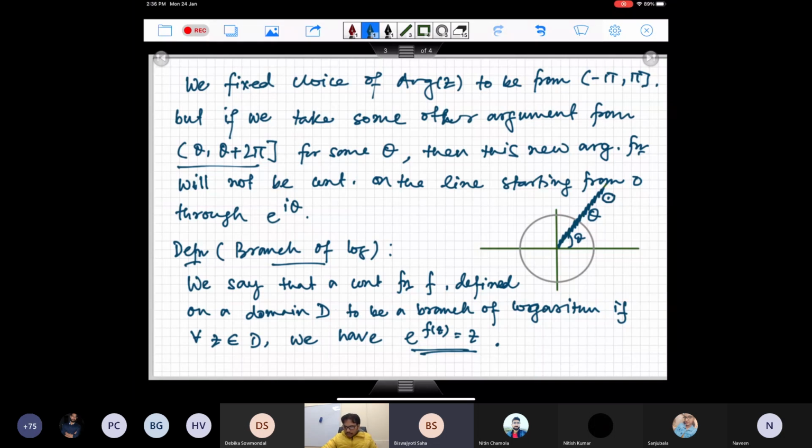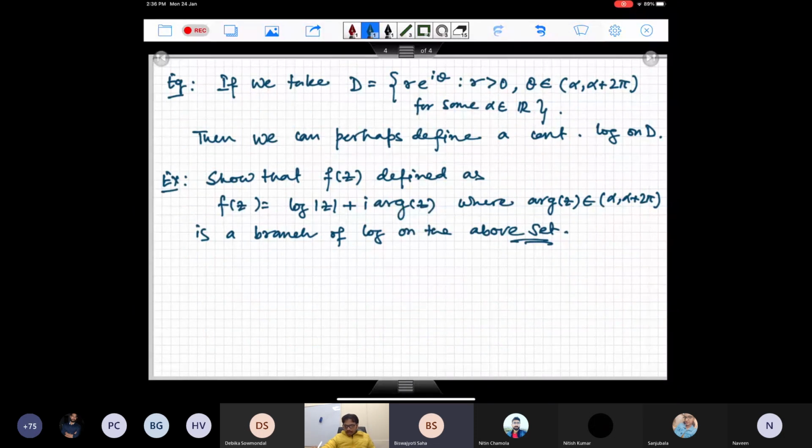Anyway, it's an open set, so you will always be able to stay away from that line. In this neighborhood, of course, you can give some argument to show that whatever argument function you define is going to be continuous. So anyway, this is a possible branch of logarithm.